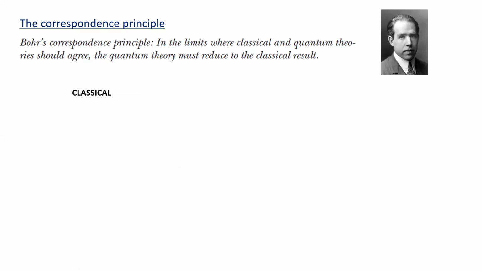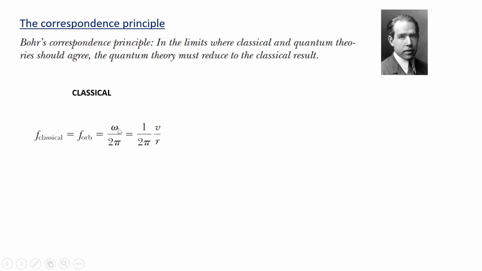So we can see this in one case. If we take this classical result, if we imagine an electron orbiting a nucleus with angular velocity omega, the frequency that it would emit would be omega over 2 pi. That's the natural frequency.